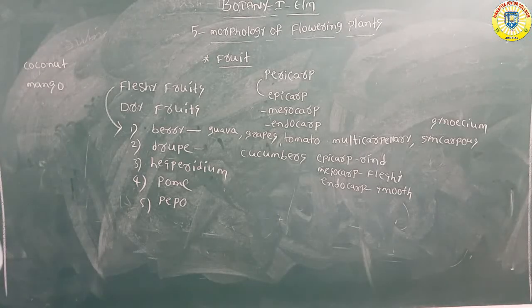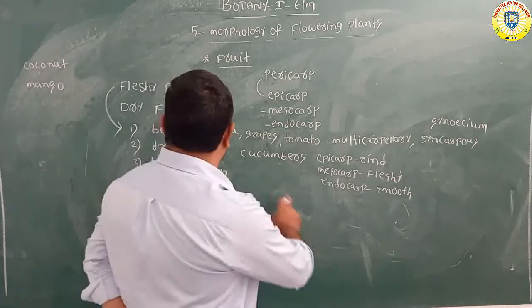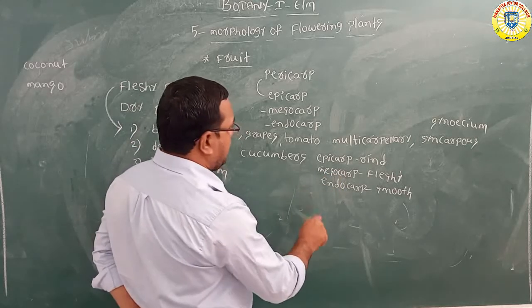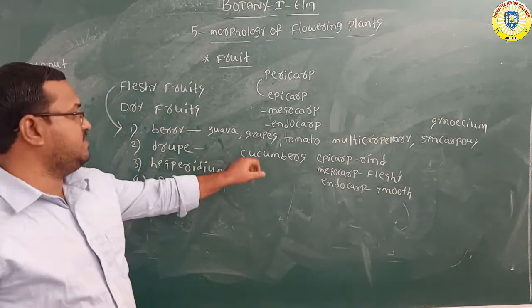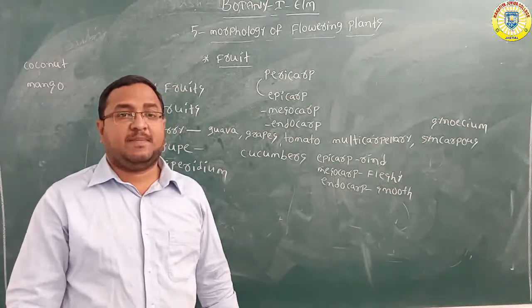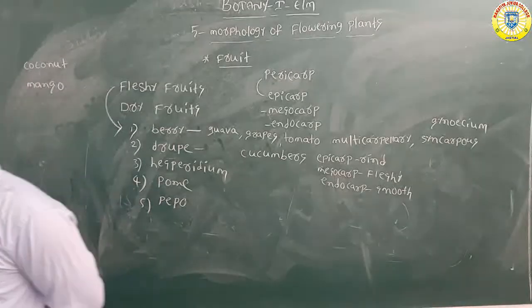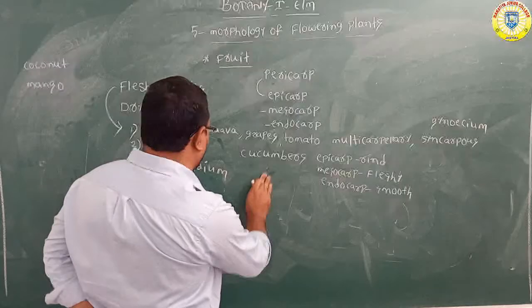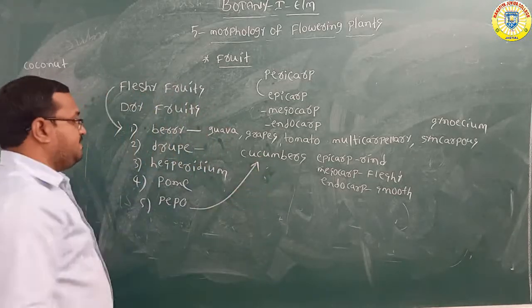It is developed from a tricarpellary, three carpels, multilocular inferior ovary. This type of fruit we call pepo.